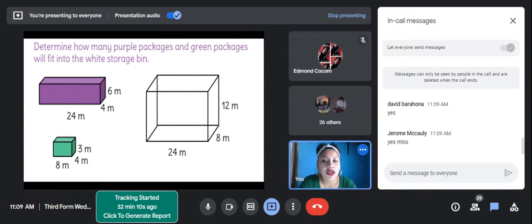Now, we're not gonna finish the problem because I just wanted you to practice with the volume. But to solve this question, you are going to take the 2,304 and divide it by the 576, and that's going to give you one answer. Then you're going to take the 2,304 and divide it by the 96, and that's going to give you the other answer that is being asked for in this question.